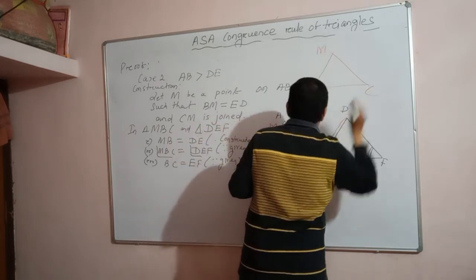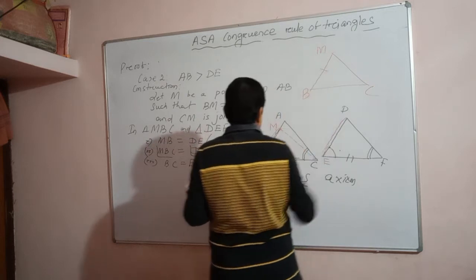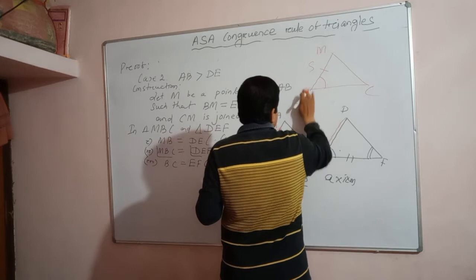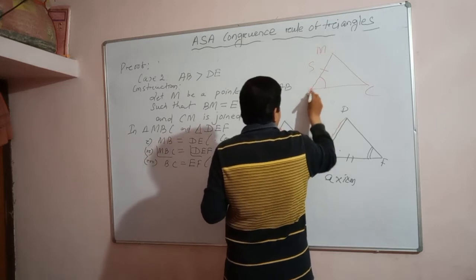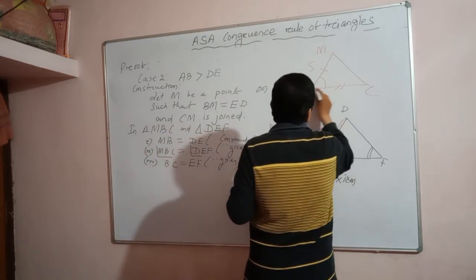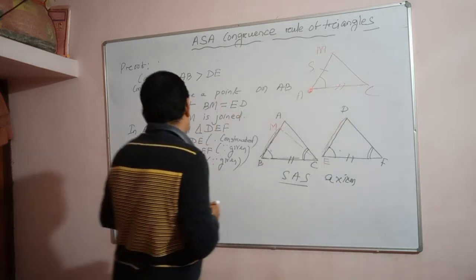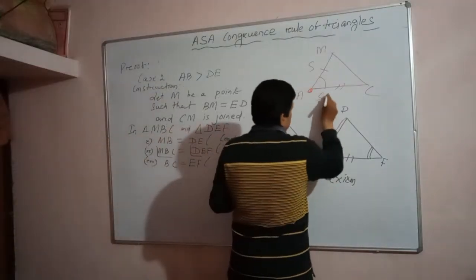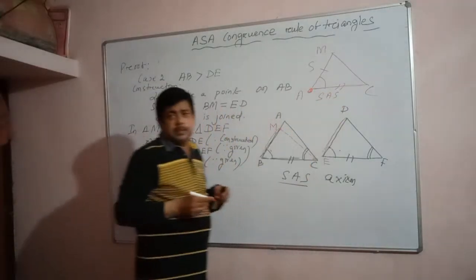In this MBC triangle, you see MB is equal side, and this is the angle, and this is the side BC. So it is coming side angle side criterion. Side angle side criterion satisfying or not?